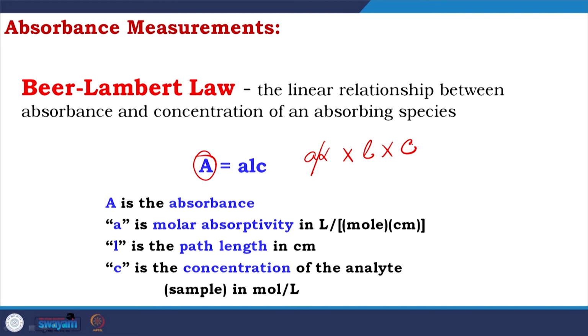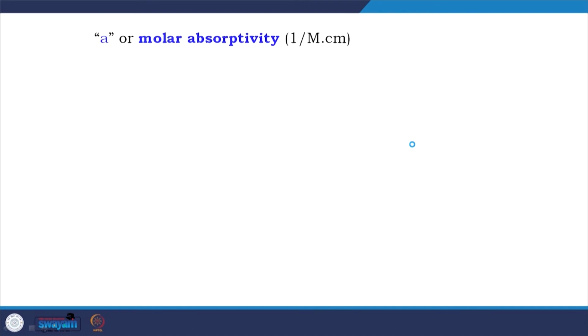L is the path length in centimeter, C is the concentration of the analyte in mole per liter. Epsilon, as I told, is the molar absorptivity.